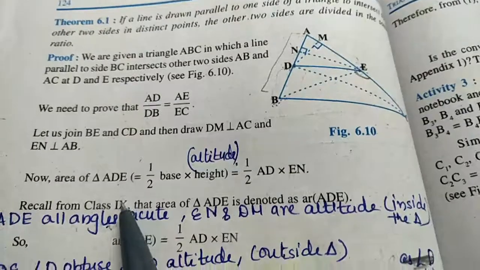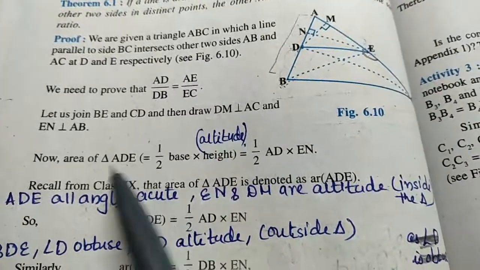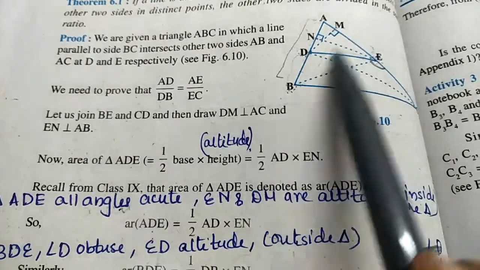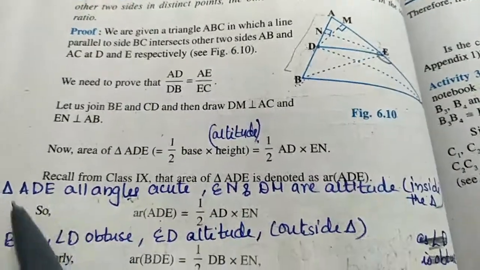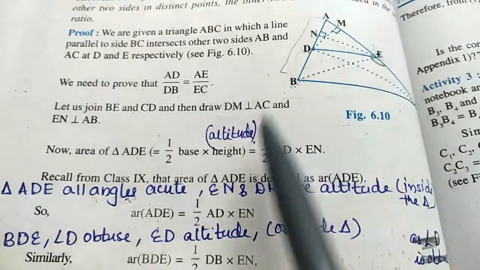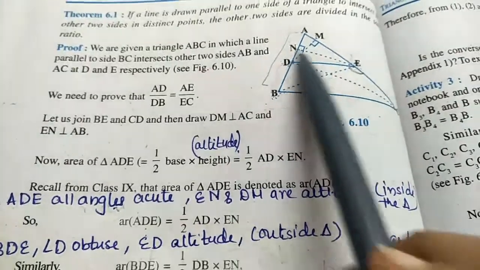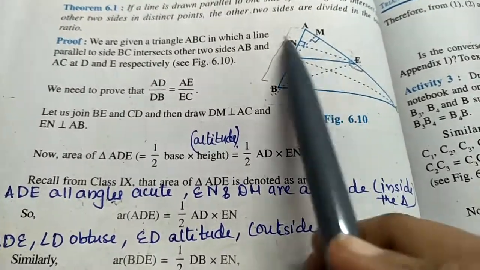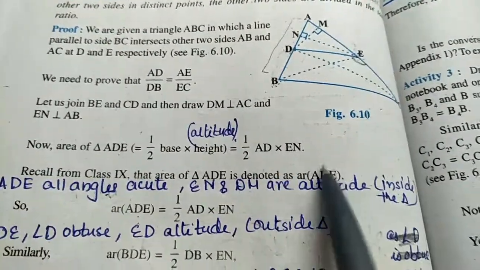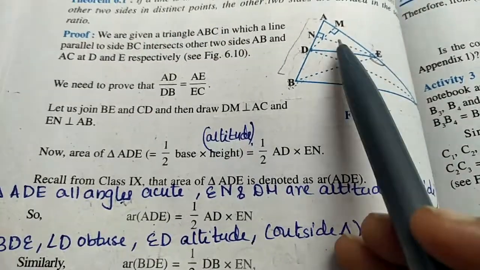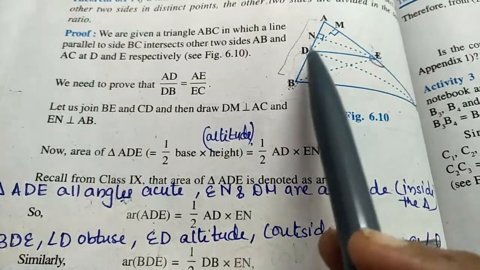For that, we'll first understand the altitudes of the triangle. The first triangle is ADE. Now in ADE, all the angles are acute and it has got two altitudes, EN and DM. Can you see this? EN is the first altitude and DM is the second altitude of this triangle. Whenever you have an acute angle triangle, the altitudes will be inside the triangle.